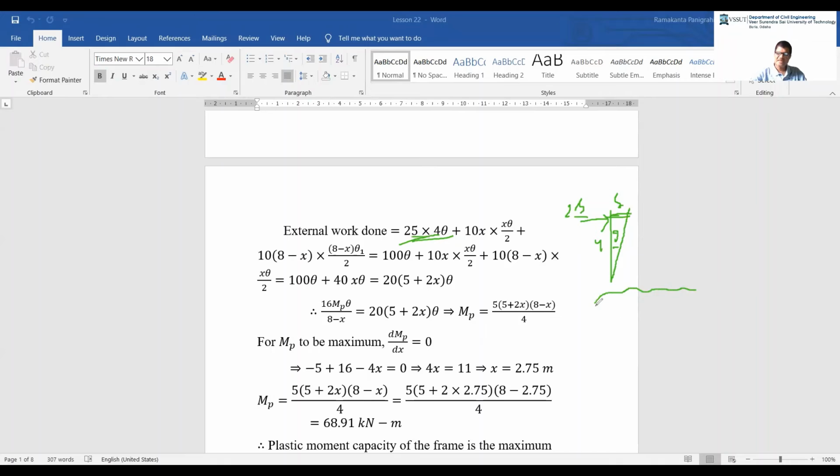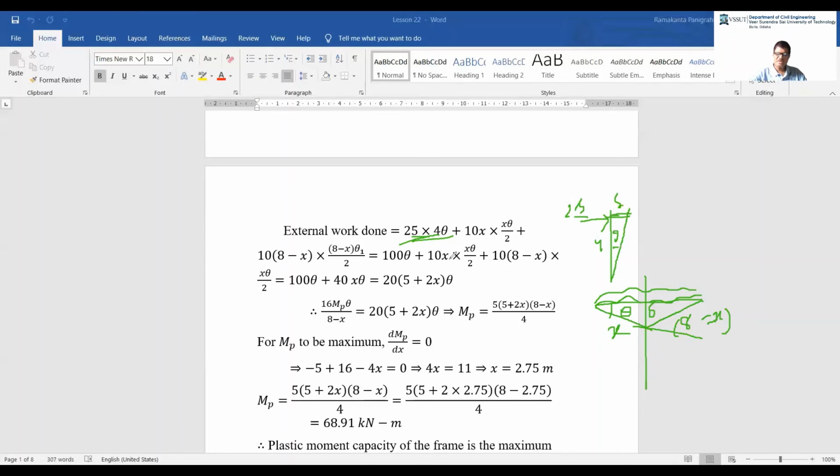For the UDL part, divide it into two parts: x and 8 minus x. Now the work done due to the load here and the load here can be considered combined. Taking the area under the curve, delta is equal to x theta.